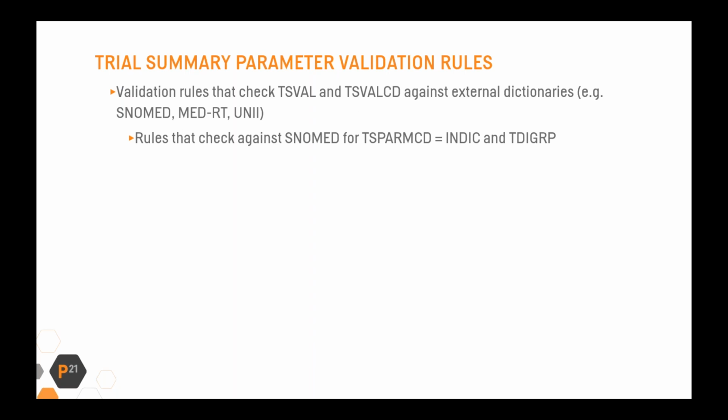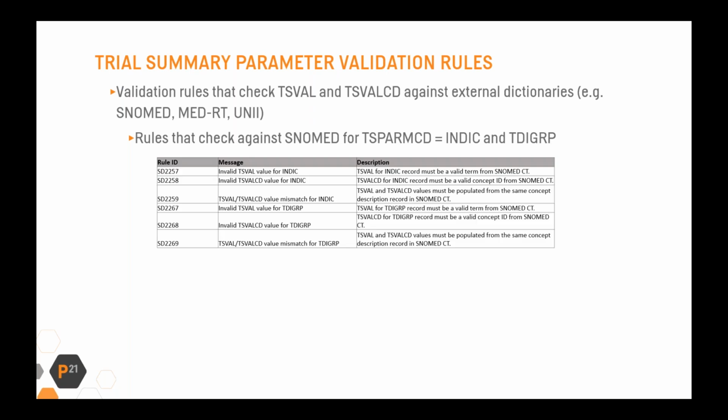These are applicable for the trial indication and trial diagnosis group parameters. And these are the rules listed that check those. We have two separate rules that check TSVAL and TSVALCD, as well as whether the TSVAL and TSVALCD actually go together per the SNOMED dictionary.